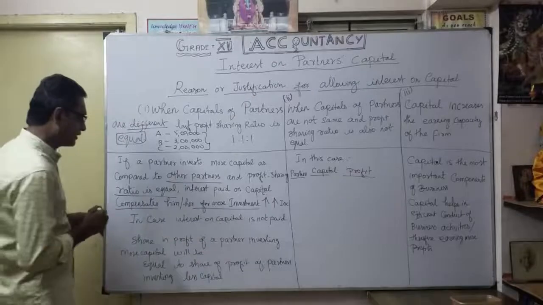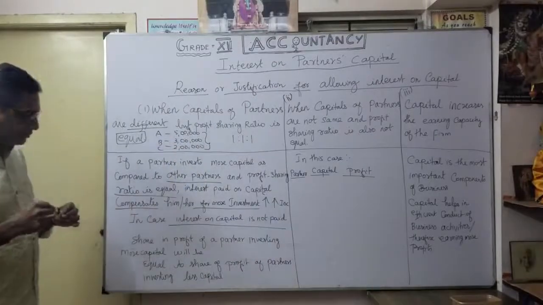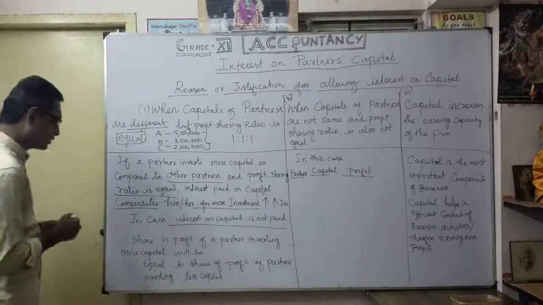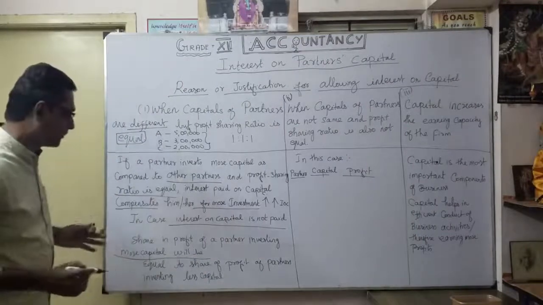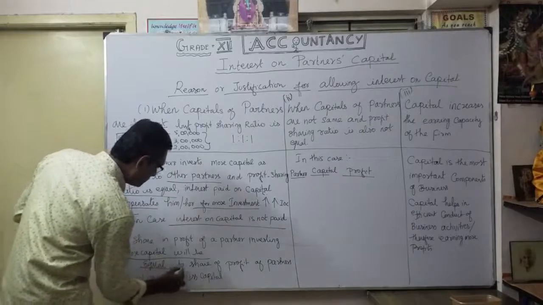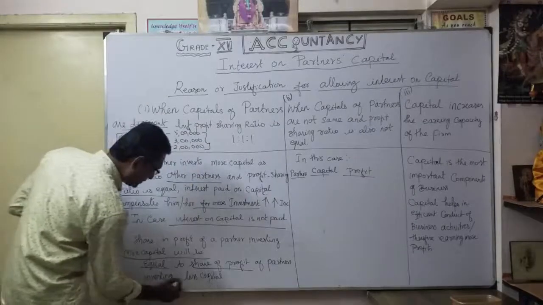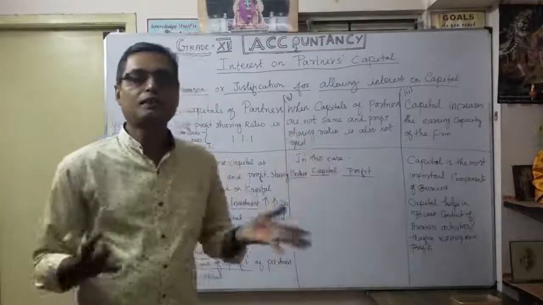So in case interest on capital is not paid, what will happen? The share in the profit of the partner investing more capital will be equal to the share of profit of a partner investing less capital. Suppose there is no interest on capital, what will happen?